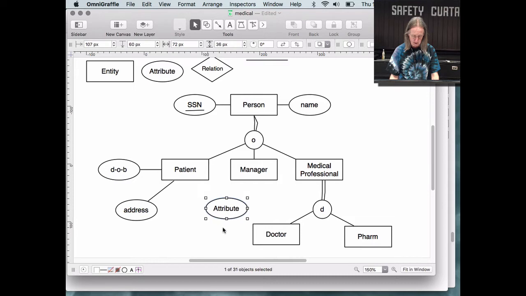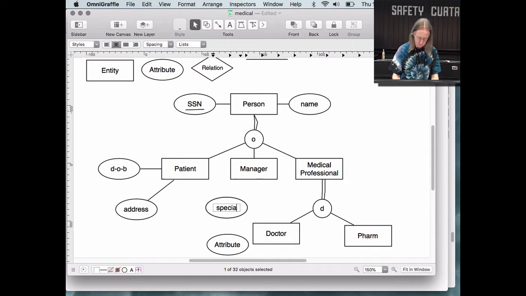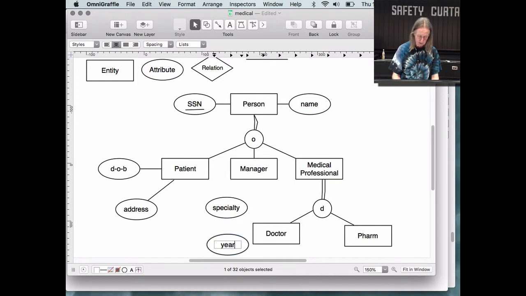Oh yeah, they fit there all right. Let's assume that people start practicing as soon as they graduate.